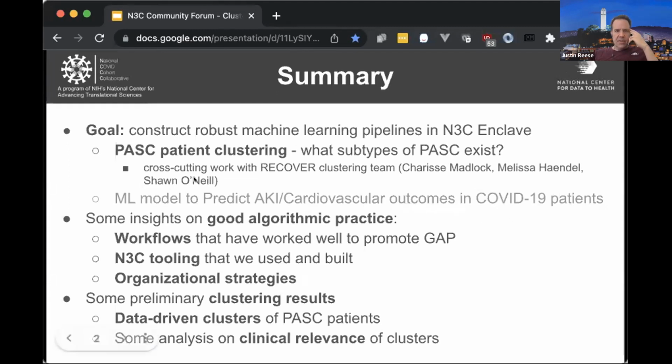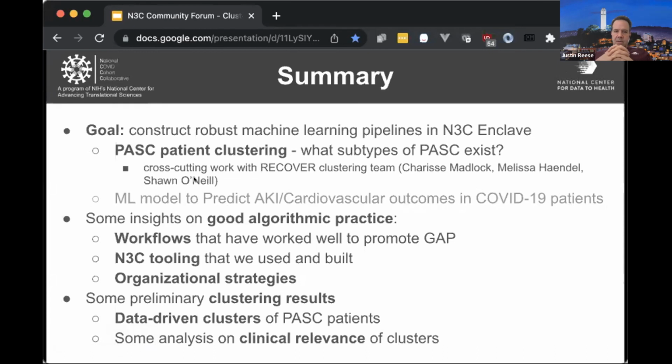Most of our work, though, has been on this long COVID patient clustering data, and so we'll sort of frame it with respect to that pipeline. And as I said, we'll hopefully give you some insights and maybe some things we've learned along the way with respect to good algorithmic practice in the course of several months of doing this.